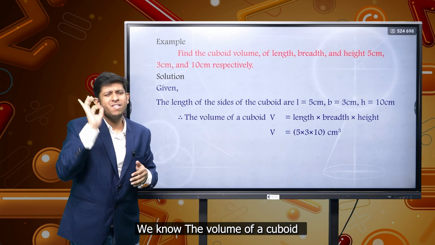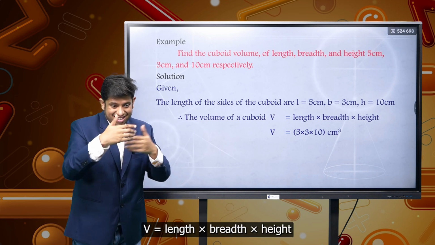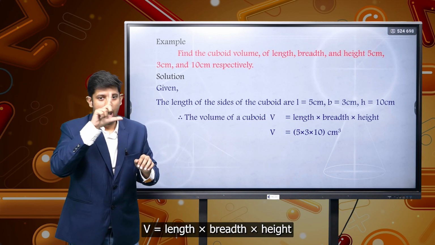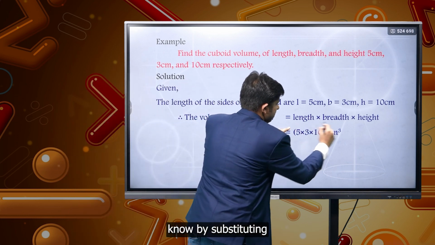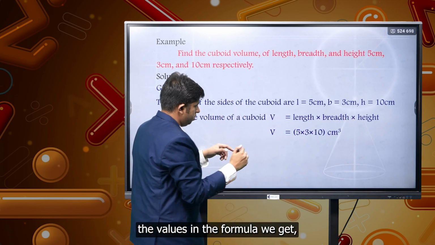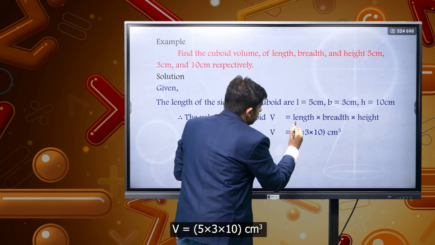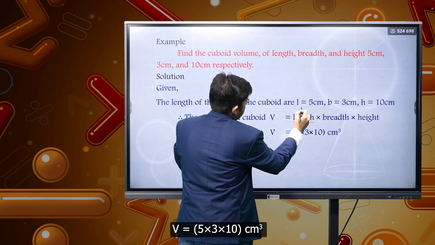We know the volume of a cuboid V is equal to L into B into H. Now by substituting the values in the formula, we get V is equal to 5 into 3 into 10 centimeter cube.